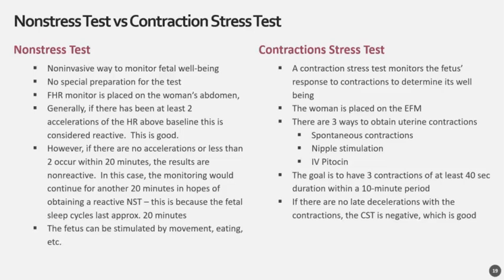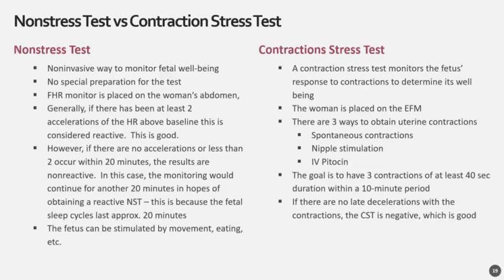However, if there are no accelerations or less than 2 occur within 20 minutes, the results are non-reactive. In this case, the monitoring would continue for another 20 minutes in hopes of obtaining a reactive non-stress test. This is because the fetal sleep cycle lasts approximately 20 minutes. The fetus can be stimulated by movement, eating, etc.